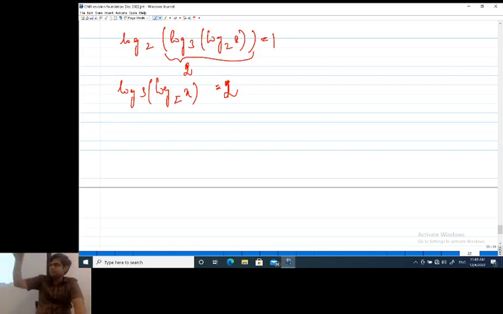Okay, we will solve this. Now this value, 3 power 2, should be this value. Do you agree?